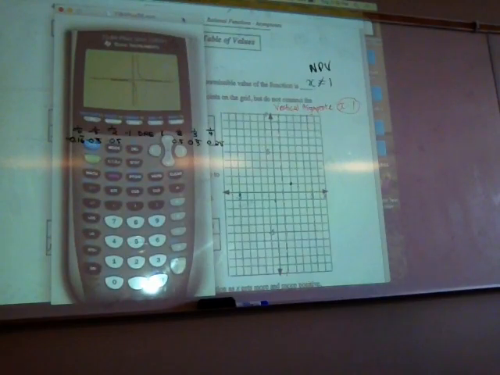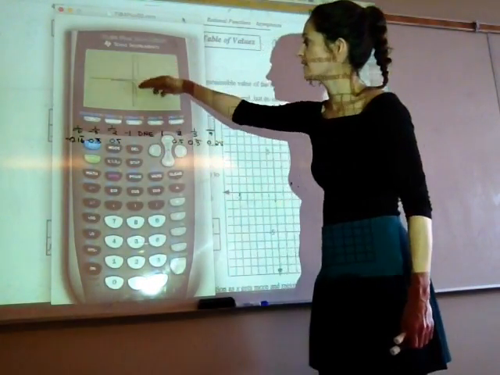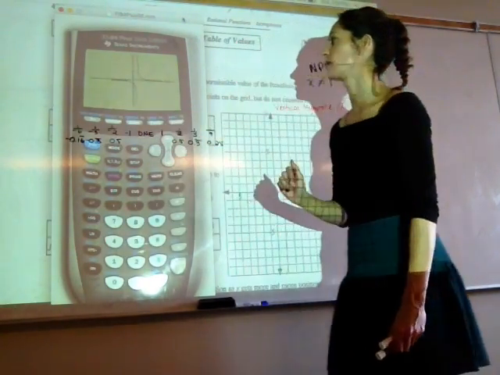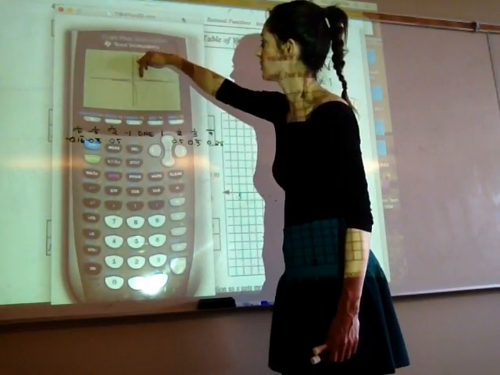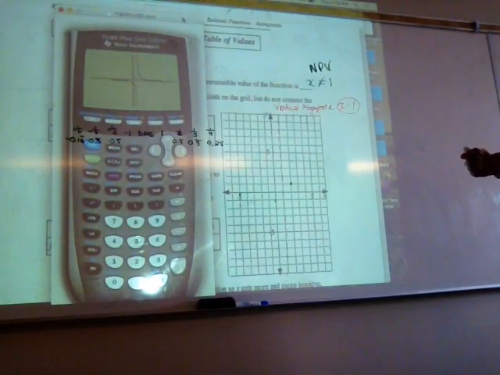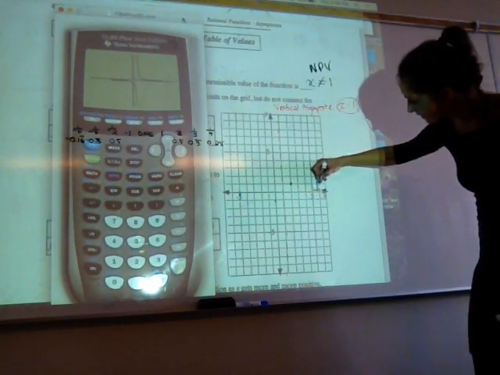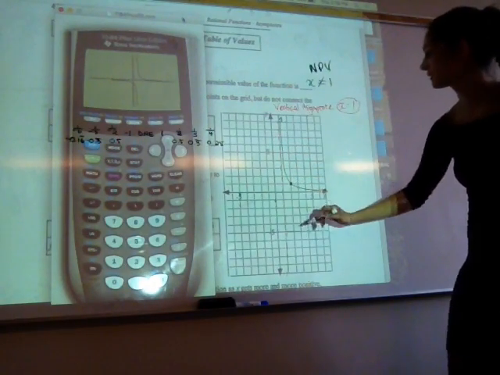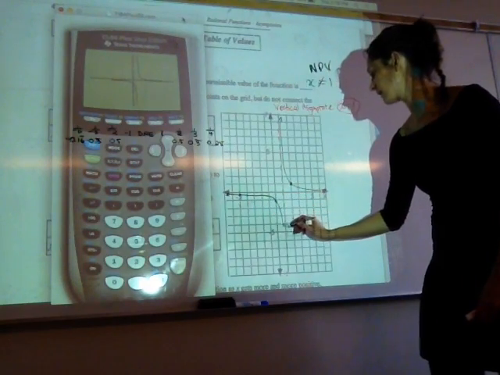On the left side of the vertical asymptote, we have a curve that's concave down. And on the right side of the vertical asymptote, we have a concave up curve. So if we follow the points that we've already plotted, it looks like it's going like that, and like that.